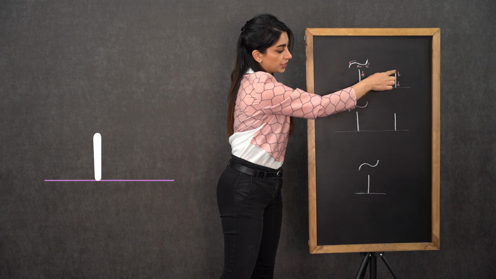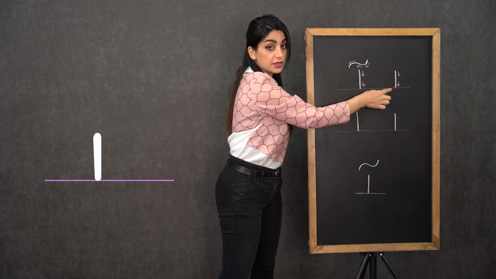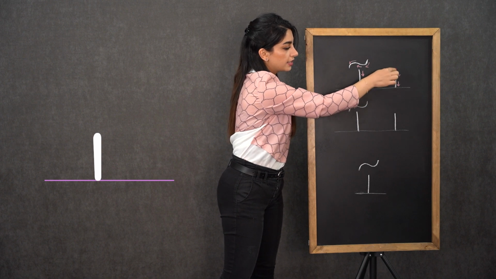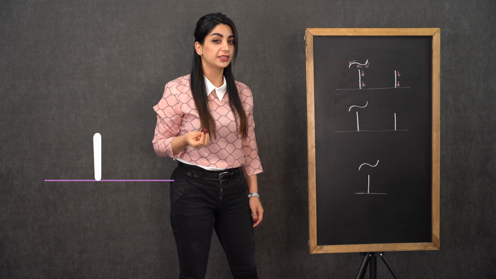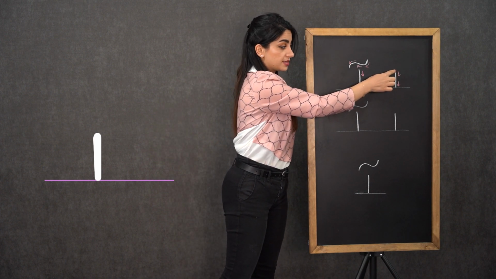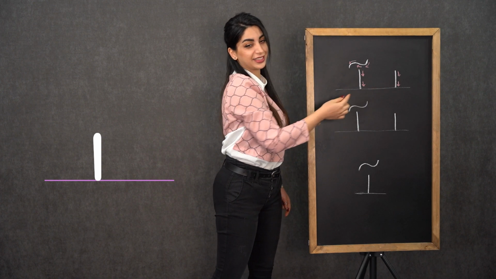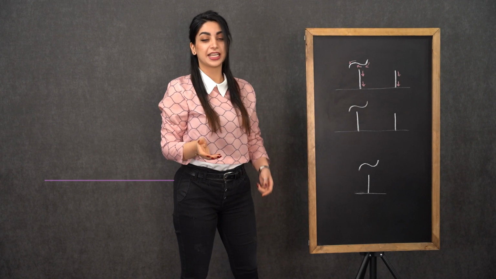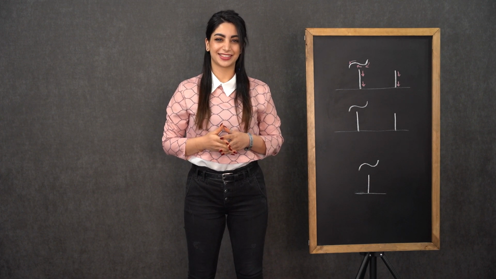And that's it. This is lowercase or small a. Again, put the tip of your pen or pencil and draw a line until you reach this line. It's pretty easy.